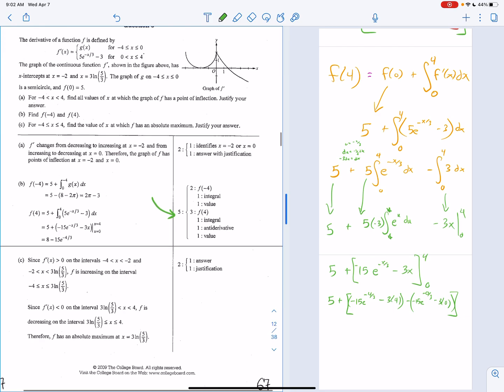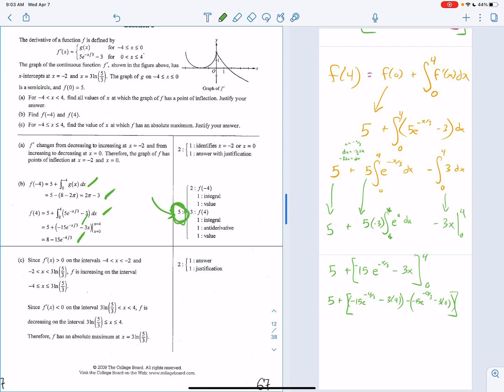You get a point for setting up the integral, just setting it up, okay? And a second point for the answer. So even if you couldn't integrate that, just the setup, you would get 1 point, okay? And the second part, same thing. Setting it up gets you a point. Finding the actual antiderivatives gets you another point. Plugging in your upper and your lower will give you a third point.